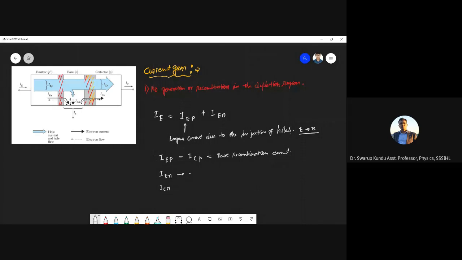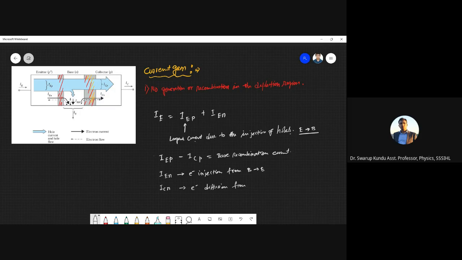So it is basically electron injection. Why does it happen? Electron injection from base to emitter. And ICN, it is electron diffusion because it is in reverse bias. This base collector junction is reverse bias, so it is electron diffusion here, right?